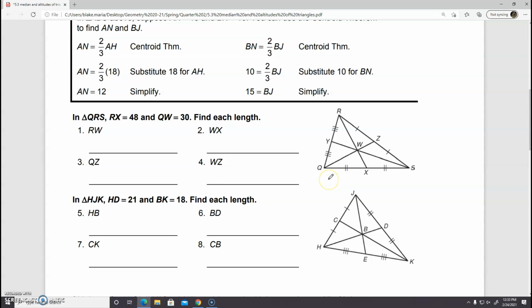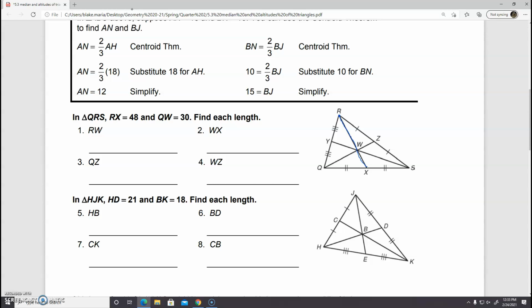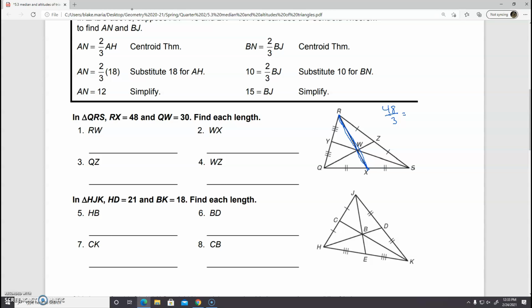So let's try it. Here it says R to X. They gave you that the whole median is 48. We can cut it into thirds, because remember, we're going to have a 2/3 chunk and a 1/3 chunk. 48 divided by 3 leaves me with 16. So that's 1/3.